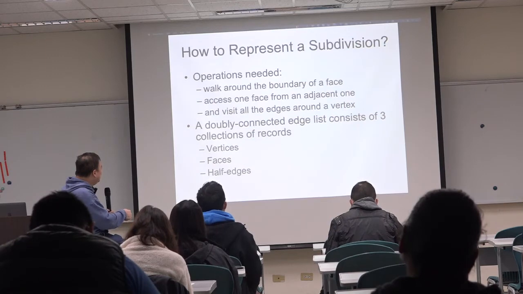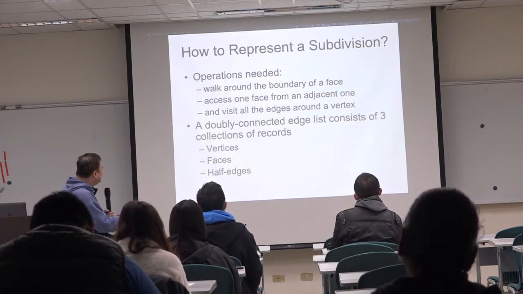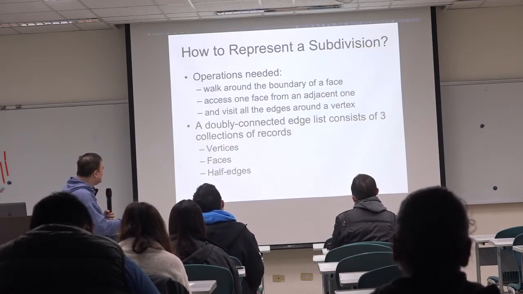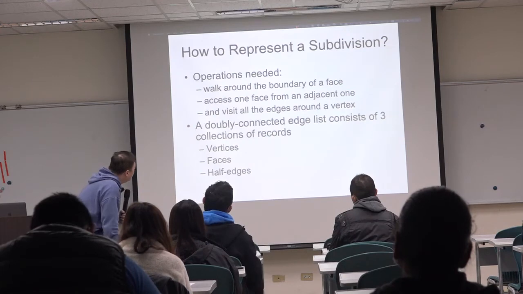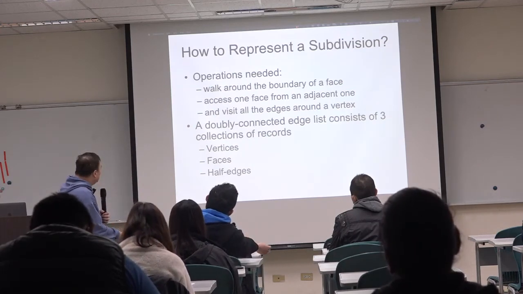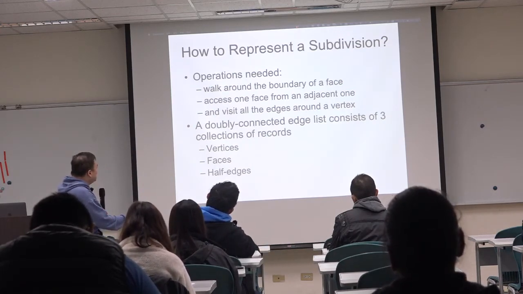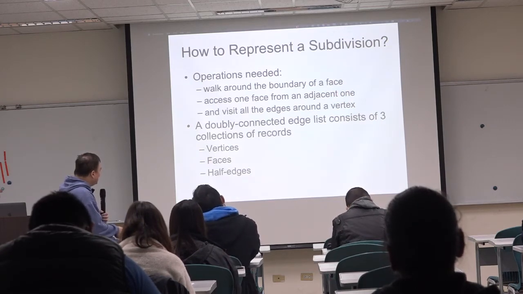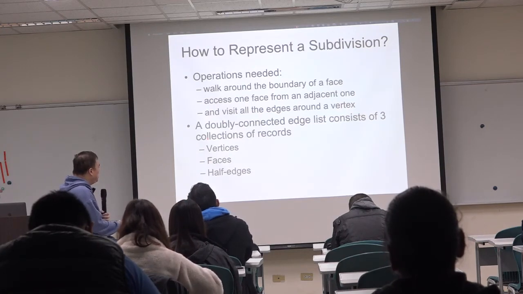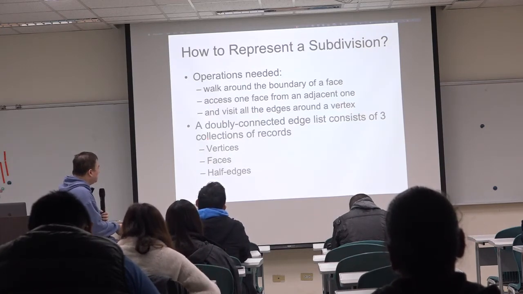But actually, it's probably easier than you may think once you understand it. This data structure is specially designed for the subdivision. Because a subdivision, as I said earlier, consists of vertices, faces, and edges, so it has three different sets of records.